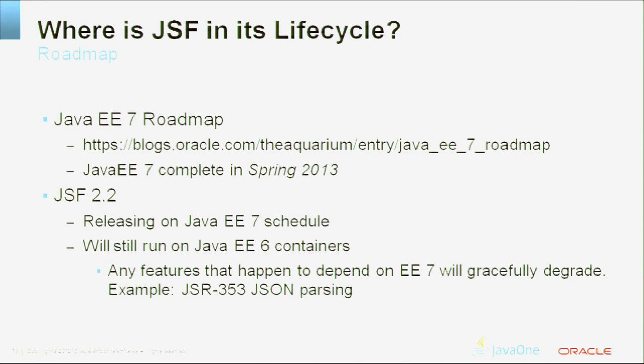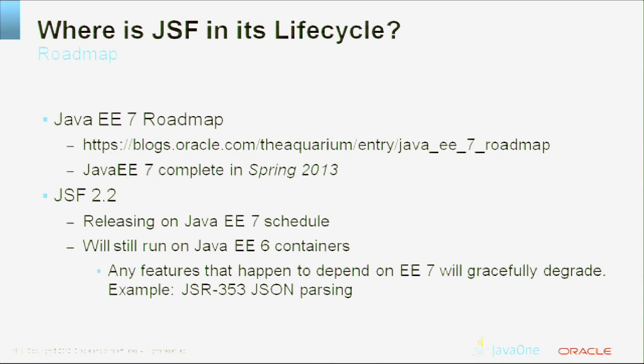And one thing we've always done with JSF releases is depend only on services provided by one version less in the container. So you'll still be able to run JSF 2.2 on any EE 6 container. You'll be able to take the implementation and drop it in, because we're not going to place any hard requirements on any parts of EE 7.